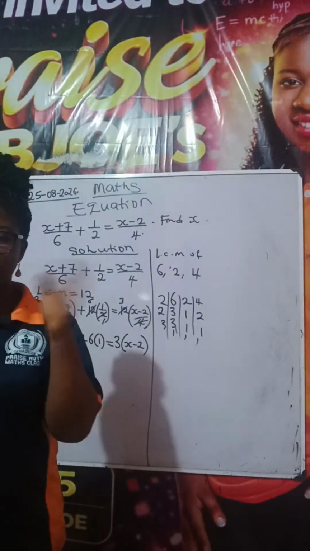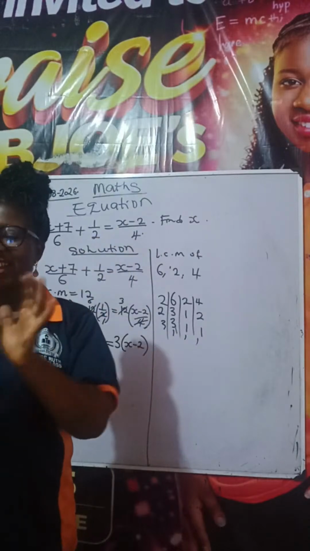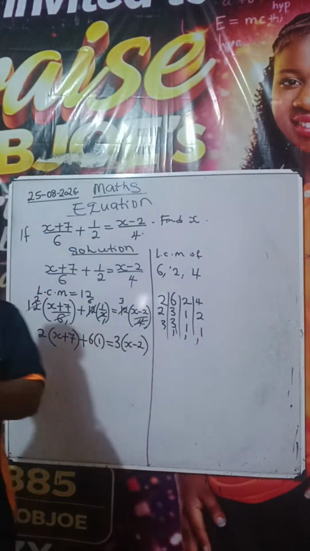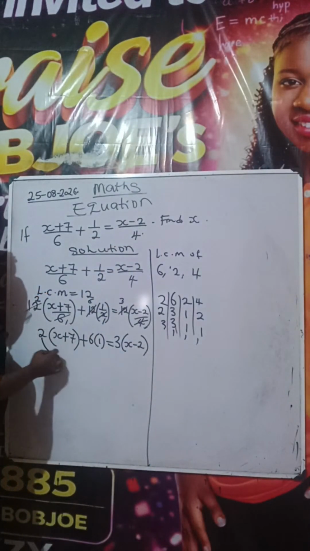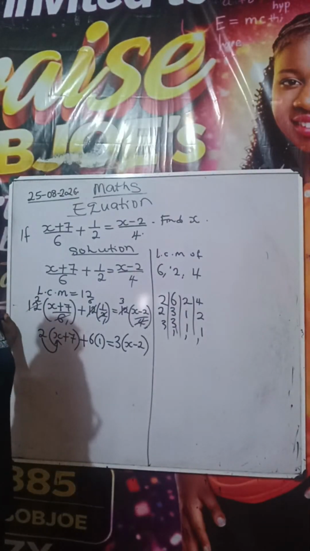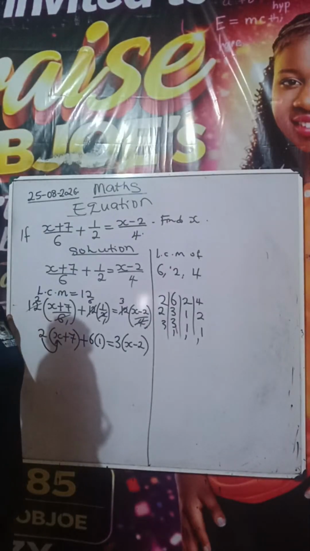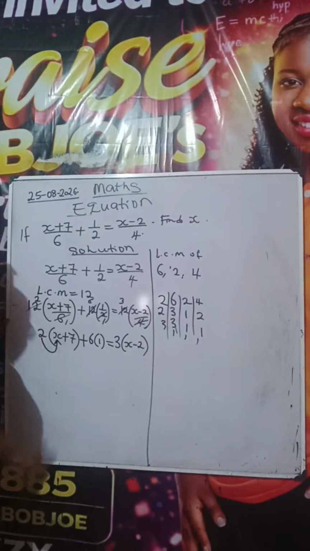We are going to expand all, like we are going to open all the brackets. Good job. And that would be 2 times x. 2 times x, what do we have? Everybody multiply. 2 times x is 2x, correct?